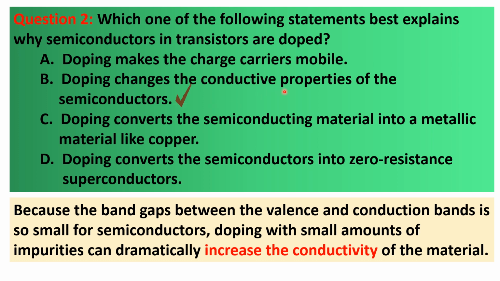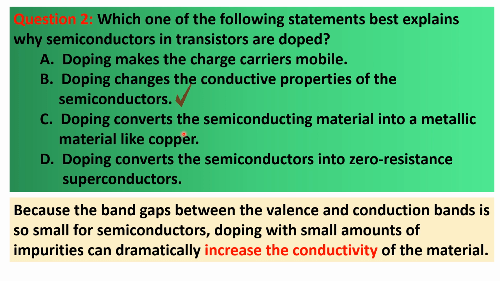So using an impurity, an n-type or a p-type impurity, can increase their conductivity. All right. Letter A is not true. The purpose of doping does not mean that the charge carriers become mobile.